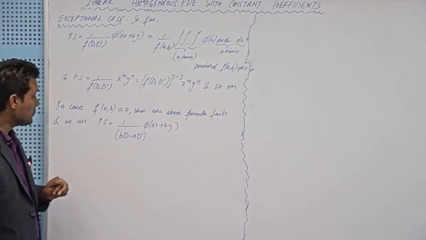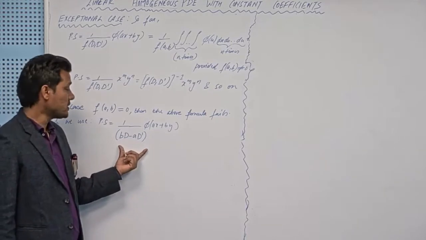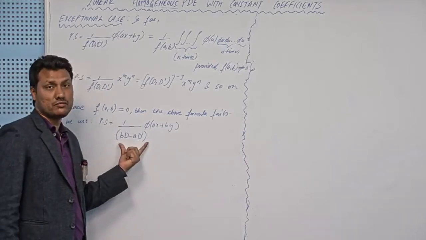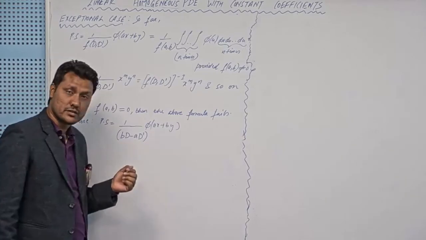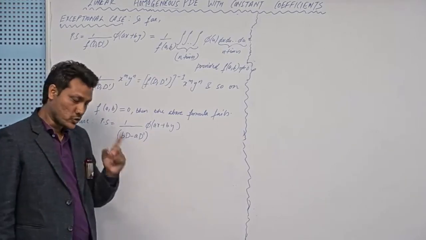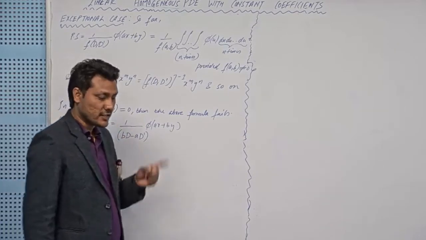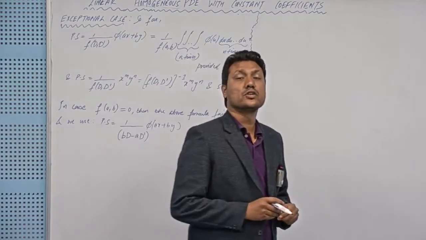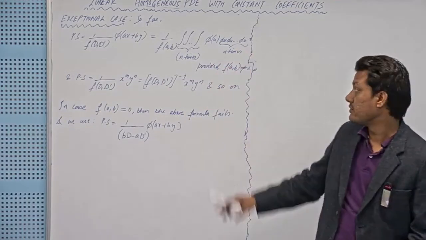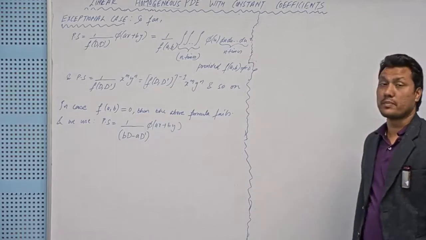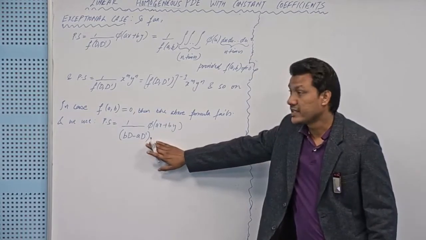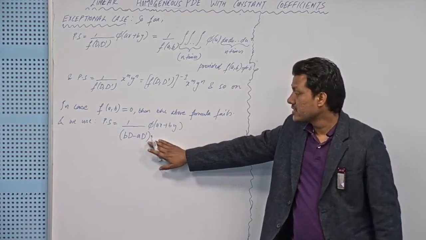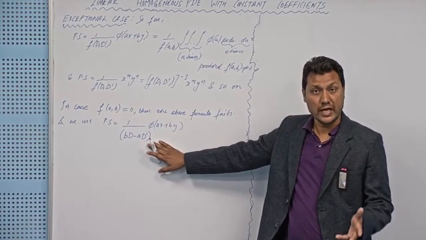You need 0 in the denominator, so the denominator will be of this form. And why have I written a linear factor, and not a quadratic or cubic factor? Because I know that f of d d dash can always be factorized as a product of linear factors, as we discussed in the first part of this topic. So I have written just one linear factor, and it may be the case that there are k linear factors or n linear factors.